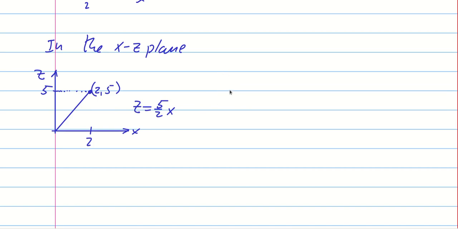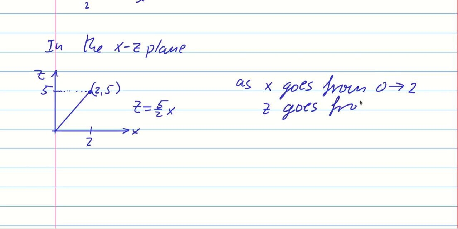So as x goes from 0 to 2, z goes from 0 to 5 over 2 x.